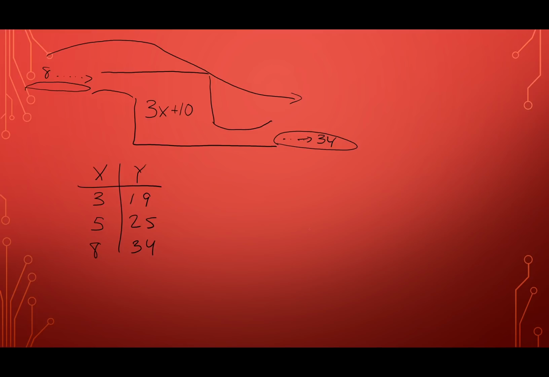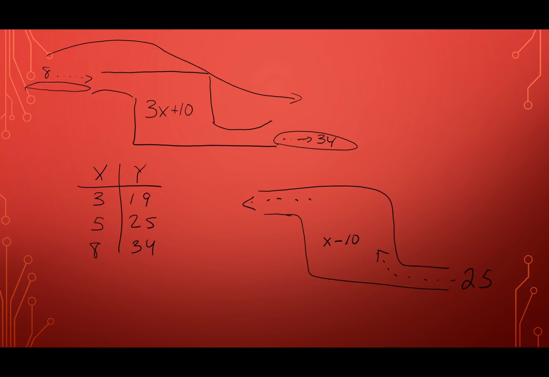So now my machine is on reverse, and my 25 went backwards. Well, I said that originally I was multiplying by 3 and adding 10. If I were to work that backwards, what do I have to do first? Minus 10.